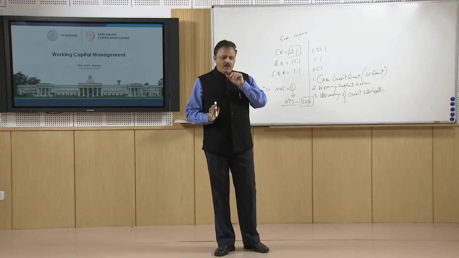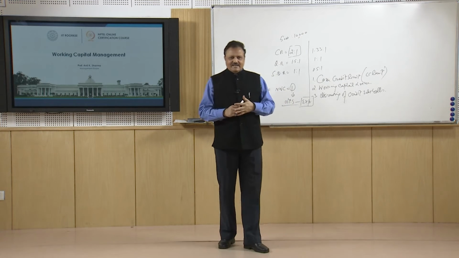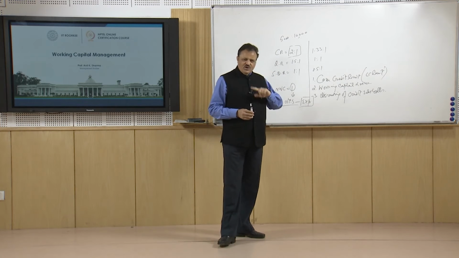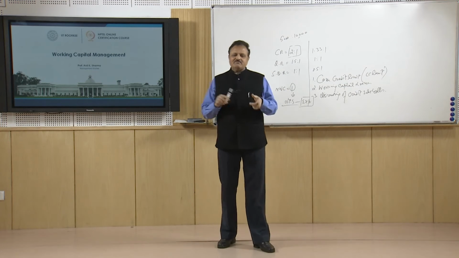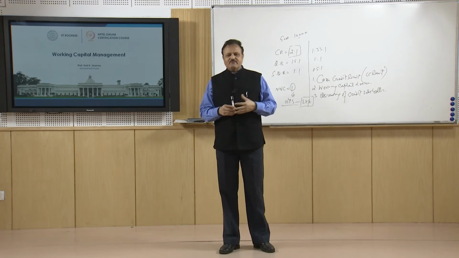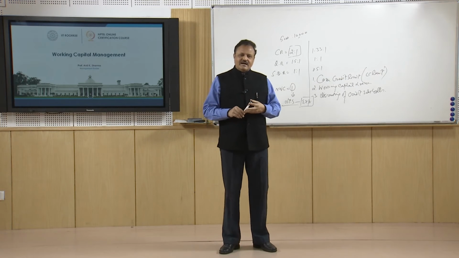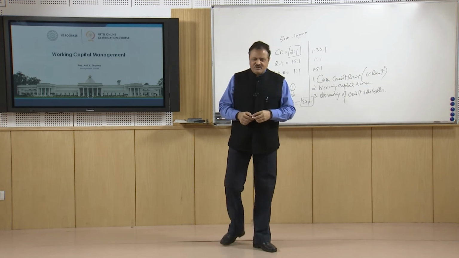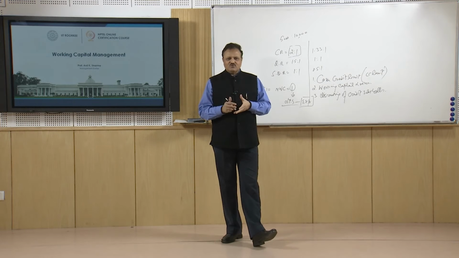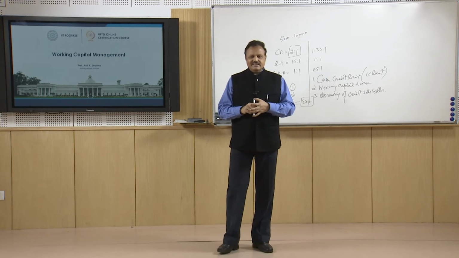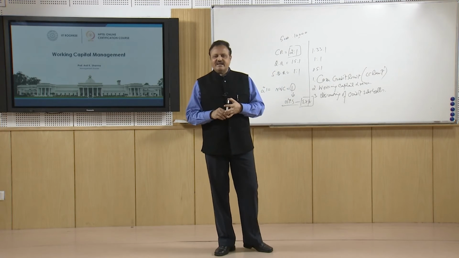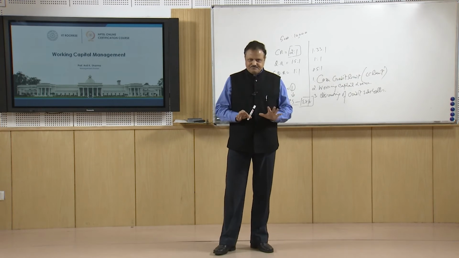No, this is a condition by the banks that withdrawal will also be from this account and deposit will also be in this account. Total operations of the firm, that is the borrowing as well as deposit, will be through this account only. Firm will not maintain any other account in any other bank or any other branch of the same bank.